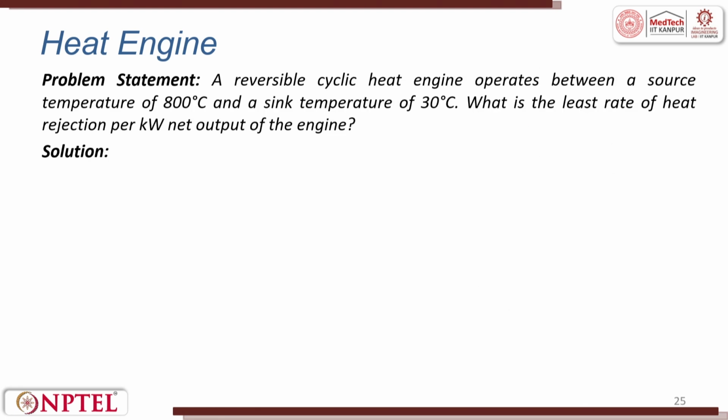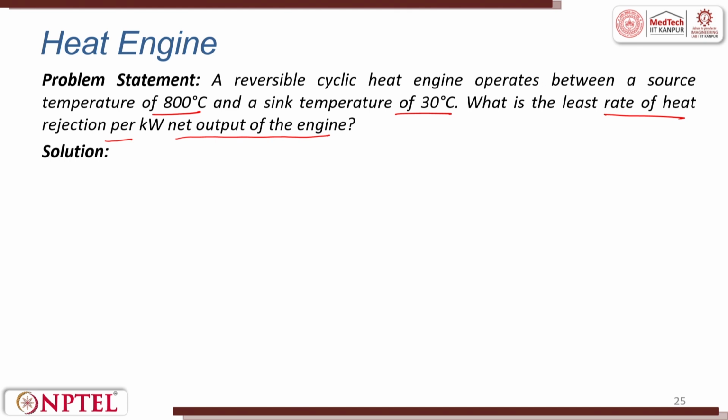Let me see a problem on this to find the efficiency. A reversible cyclic heat engine operates between a source temperature of 800 degrees centigrade and a sink temperature of 30 degrees centigrade. What is the least rate of heat rejection per kilowatt net output of the engine? That is, they are asking the least rate.